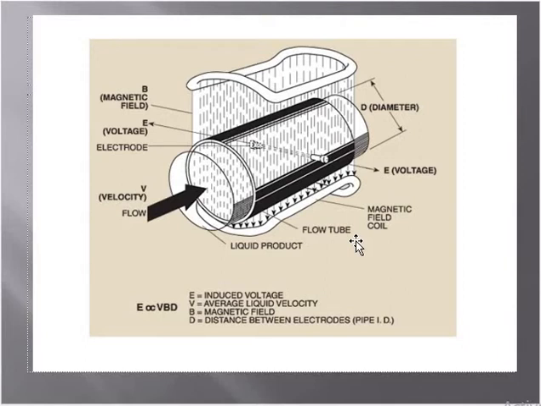The flowing medium passes through a very short section and is subjected to a transverse magnetic field. Magnetic flux and fluid motion are relative to that field, causing a voltage to be induced proportional to the fluid velocity.